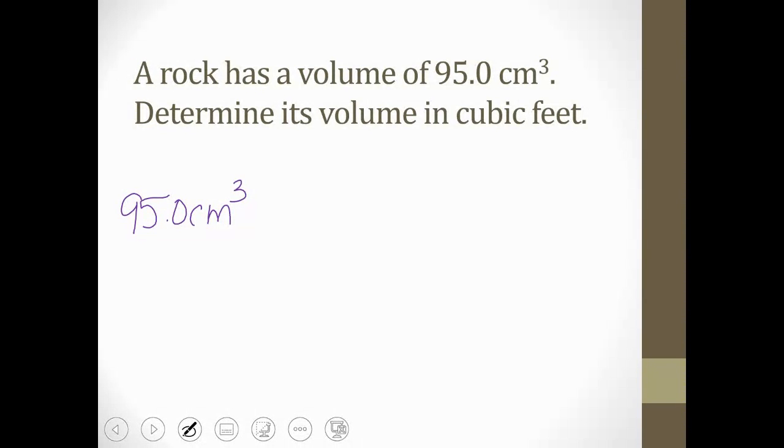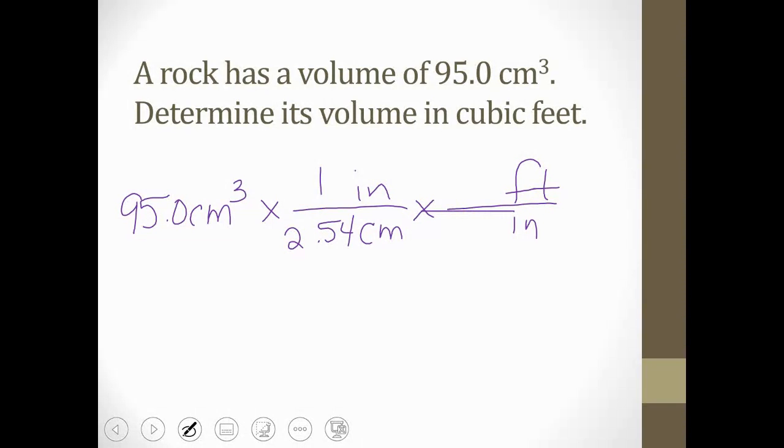And we want the volume in cubic feet. So we have to go from centimeters to inches, and then from inches to feet. We know that an inch is 2.54 centimeters, and we got to cube that factor. We know that a foot is 12 inches, and we got to cube that factor.